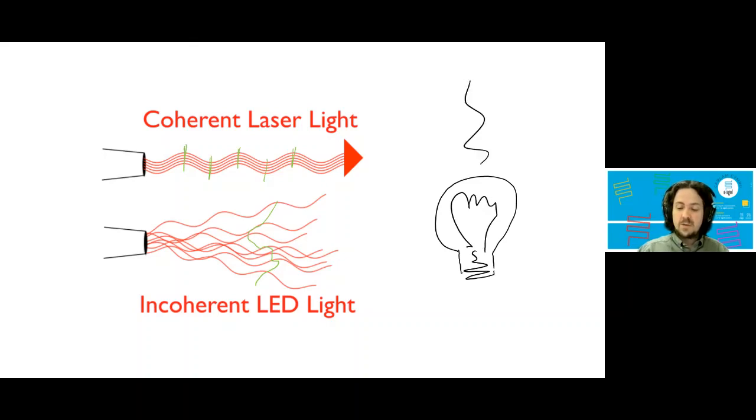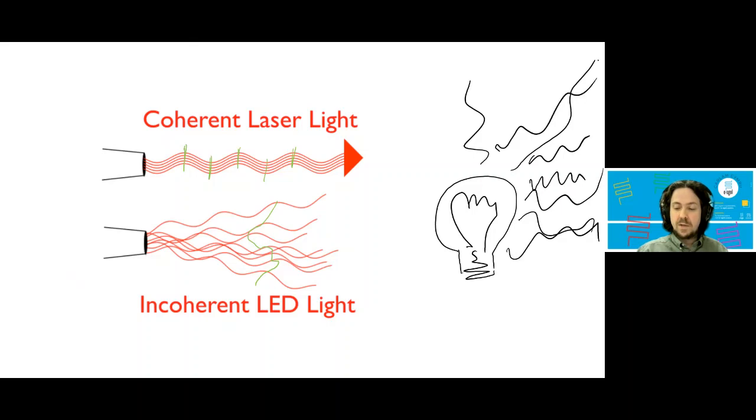Now, a light bulb is putting out a whole spectrum of wavelengths, so it can't possibly even come close to being coherent because there isn't a constant phase relationship.